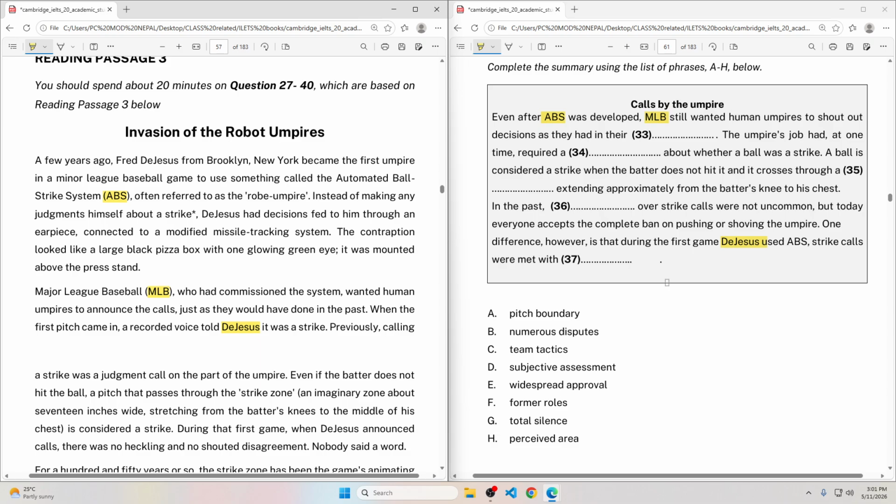ABS, MLB, diseases, to be sure that we are looking at the right area. And the other thing is, if you do not know what the options mean, then that's also another problem. So always focus on passage one if you are really weak for IELTS. That's my suggestion.